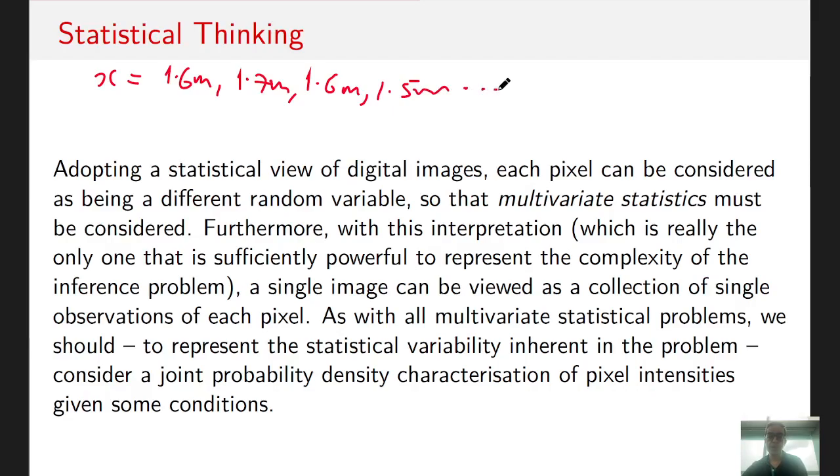And so I get a collection of measurements, and let's say that I have a finite number of measurements, so I'm going to say that my final measurement is 1.7 meters. Okay, so with this finite collection of measurements, I can of course look at the average height, or I could perhaps, because there are quite a few of you taking the course, form a histogram of the heights that I've observed.